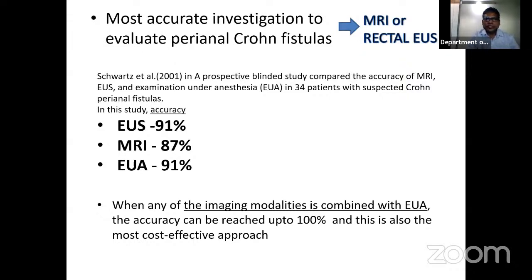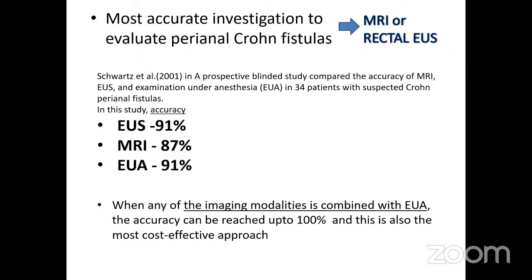In this study, they quoted the accuracy of US at around 91%, MRI 87%, and examination under anesthesia 91%. When either imaging modality, US or MRI, is combined with EUA, the accuracy can reach up to 100%. And this is also one of the most cost-effective approaches.